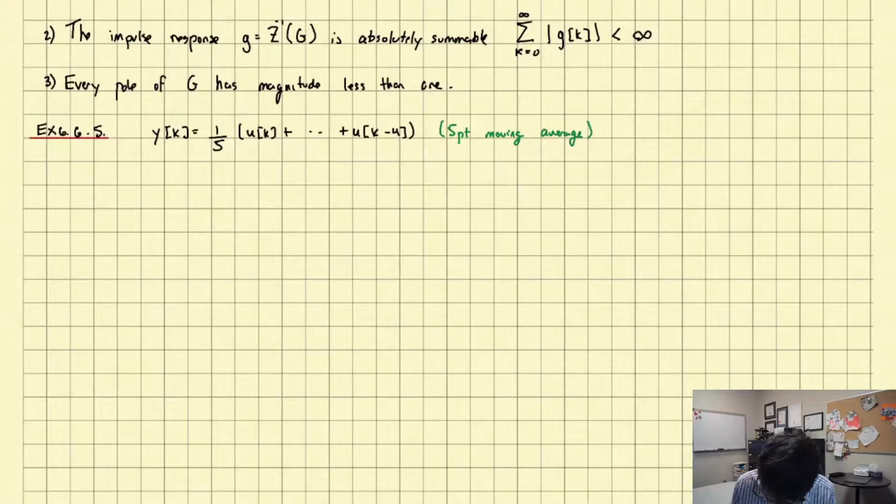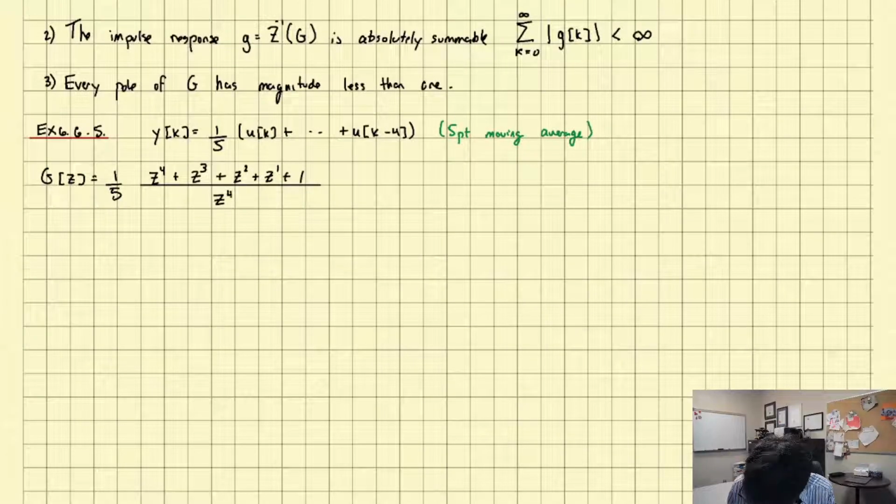So this guy's transfer function, G of z, is given by 1/5 times z to the power of 4 plus z cubed, z squared, and so on.